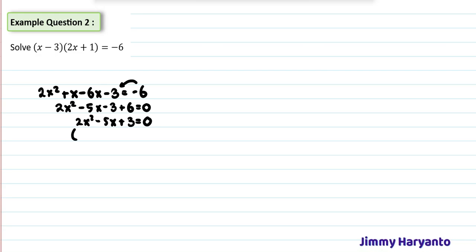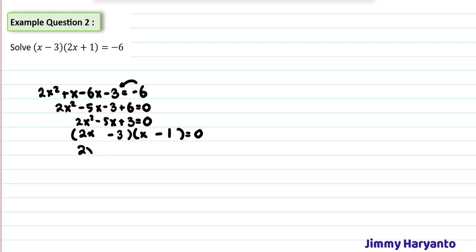And because we already have equals 0, you can factorize it right now. Yeah, use your favorite method to factorize. Okay, so this one is 3, 1, negative, and plus. I guess, oh no, we cannot do this. So this one is negative 3 and negative 1. Okay, that's more like it. Last time I told you that 2x minus 3 equals 0, 2x equals 3, and then x equals 3 over 2.